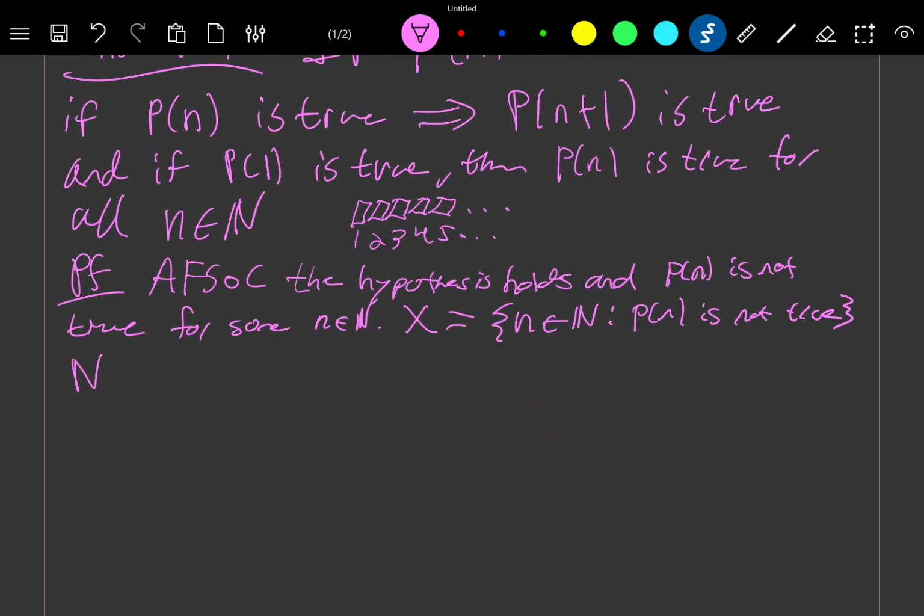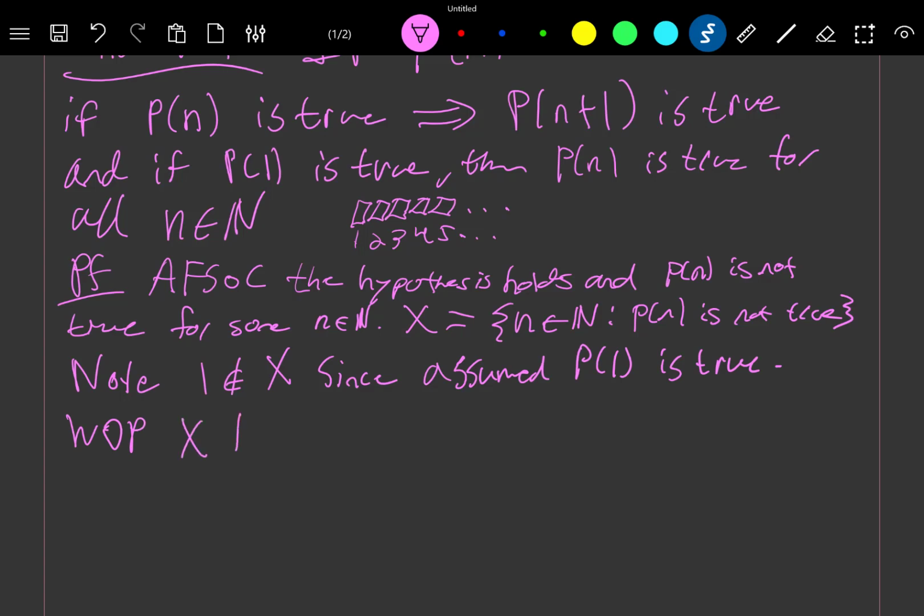We note 1 is not in X since we assumed P of 1 is true. Thus, by the well-ordering principle, X has a smallest element. Let's call it m.